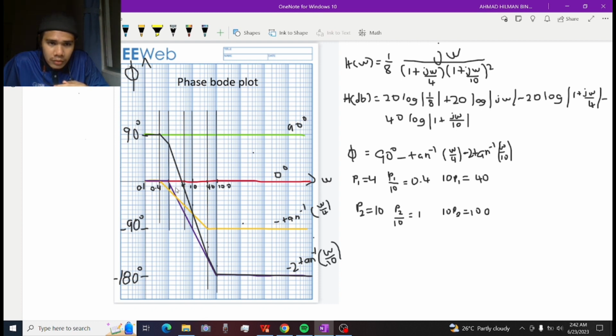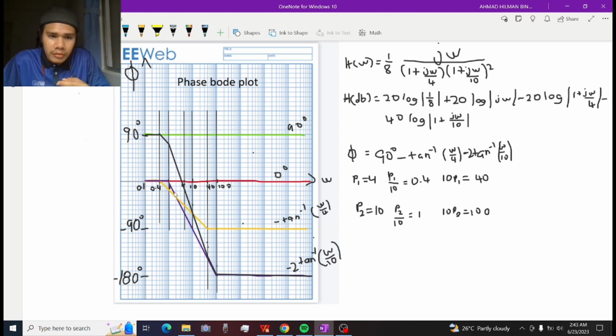So to plot this, we add these two graphs together. That is negative 72 plus negative 144, and we will get negative 216 degree.